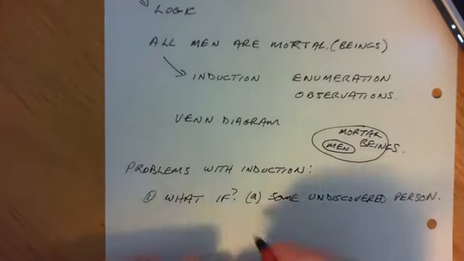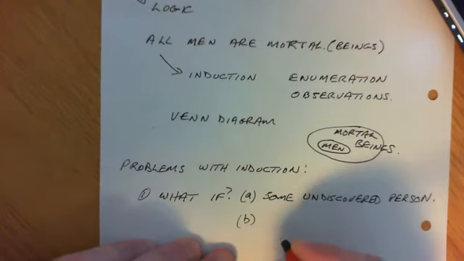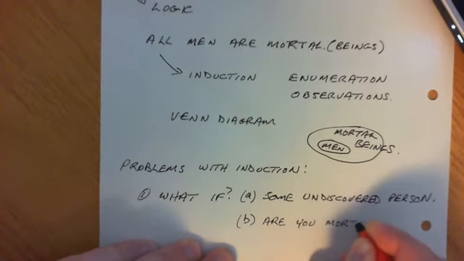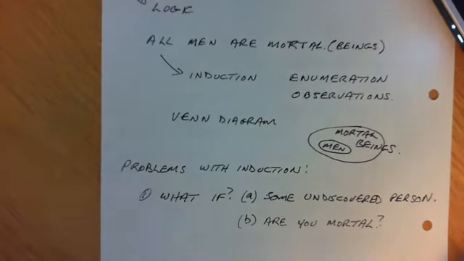I suppose a better way of looking at that would be to go with: are you mortal? Are you going to die? How do you know? You only know when you die.